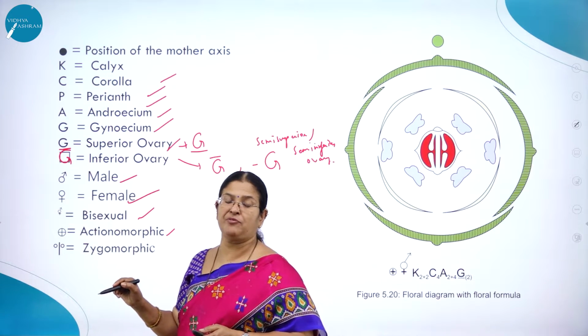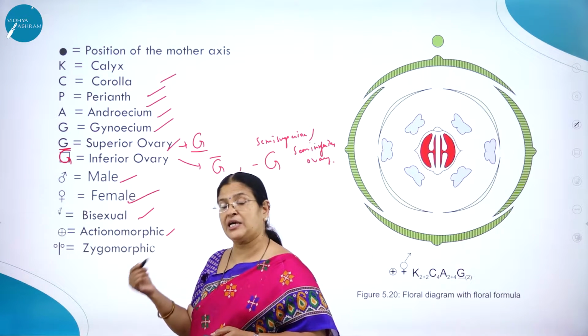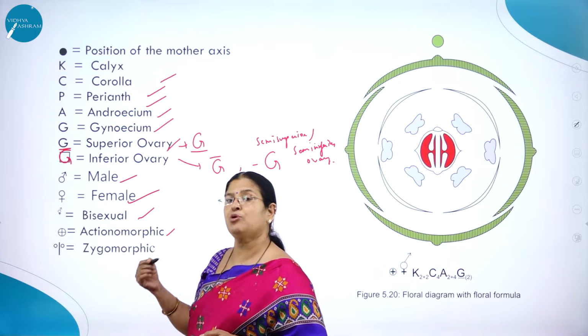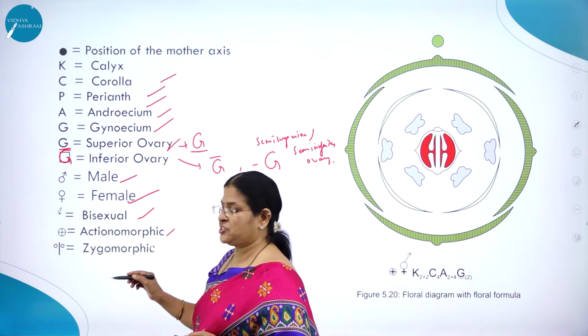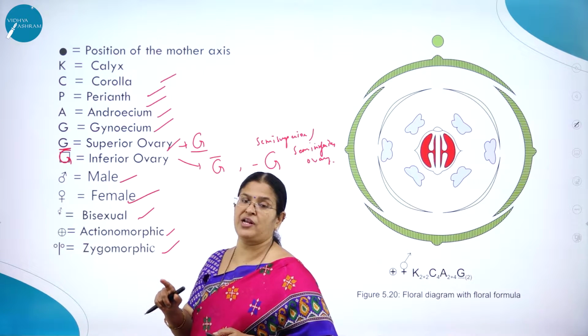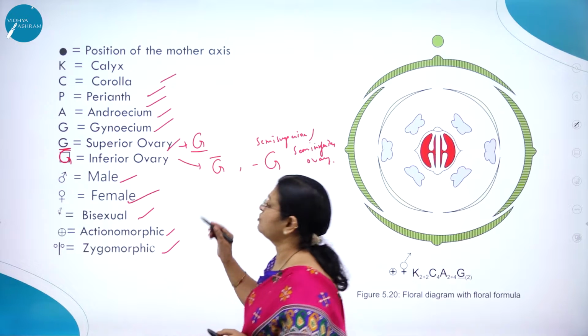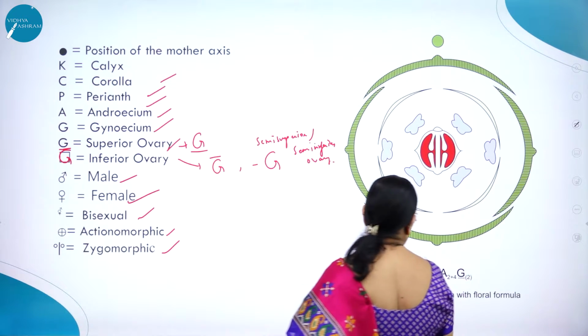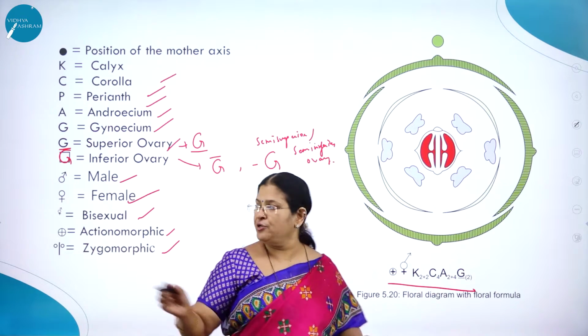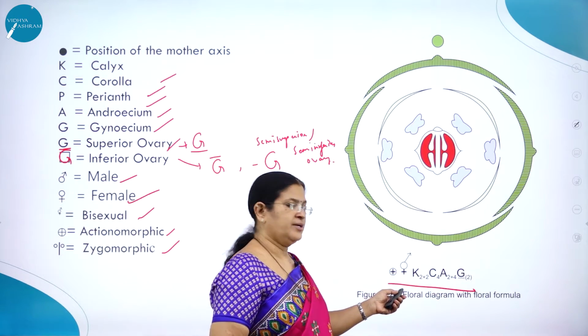What do you mean by actinomorphic? Radial symmetry. You are able to cut the flower into two equal halves in more than one plane or direction. What do you mean by zygomorphic? You are able to cut the flower into two equal halves in only one plane. So all these symbols are very important. Here you can see how to write the floral formula using all these symbols, right?